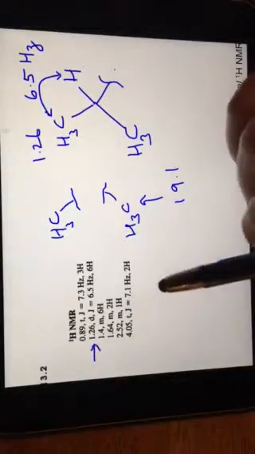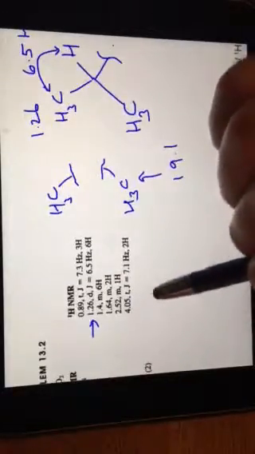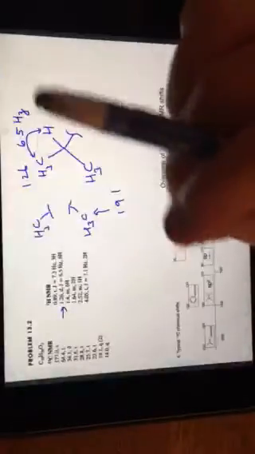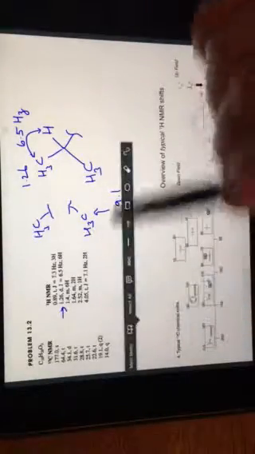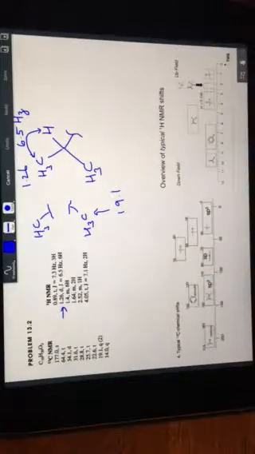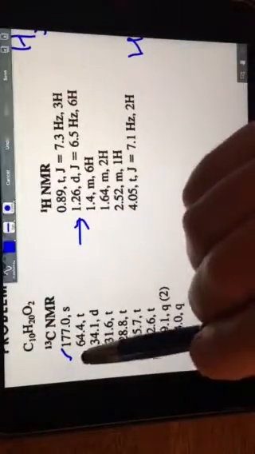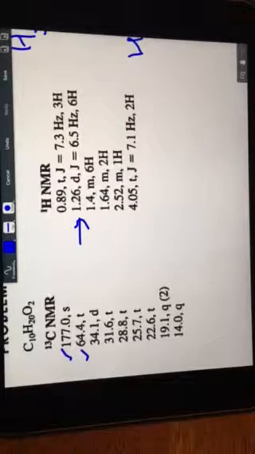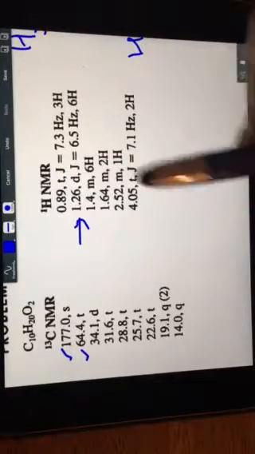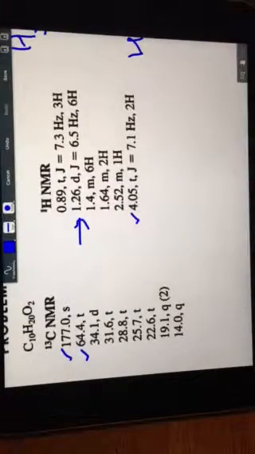We see at 64.4, we have a triplet. Okay, and then connected to that at 4.05 in the proton NMR, we have a triplet with a coupling constant of 7.1 hertz worth 2 hydrogens.